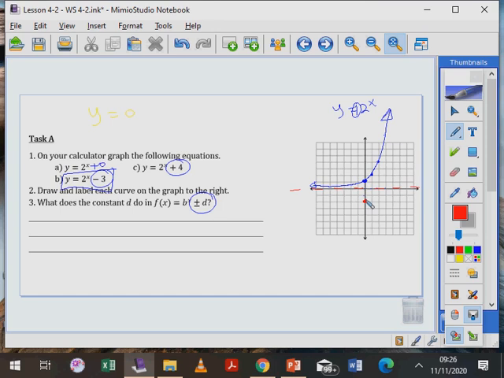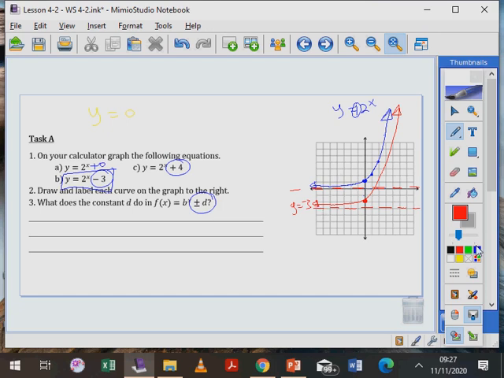Since the y-intercept is shifted 3 units down, the horizontal asymptote is also shifted 3 units down. So your new horizontal asymptote is y equals negative 3. So your new graph will have a shape like that, looking just like the first one, but just shifted 3 units down.